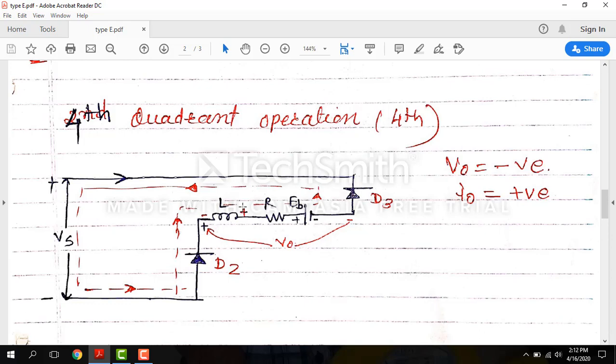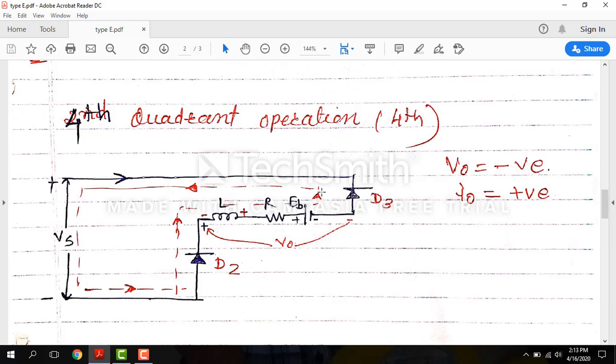Due to this polarity, diodes D2 and D3 are forward biased. You can see the anode is connected to the positive and the cathode is connected to the positive. So D3 and D2 are forward biased, and the inductor releases its energy through these diodes.